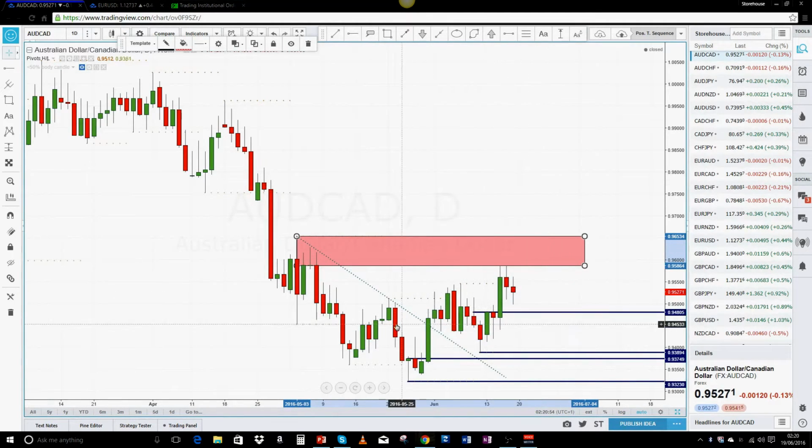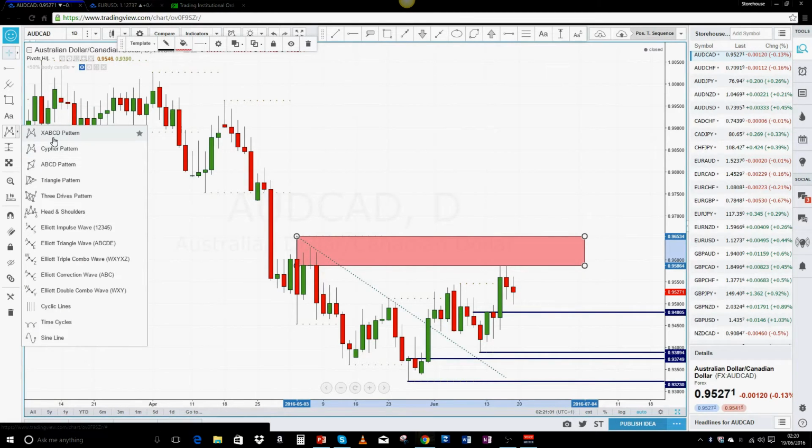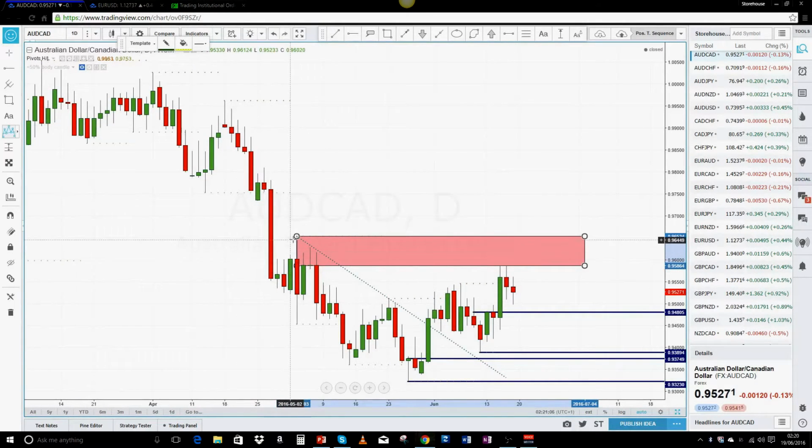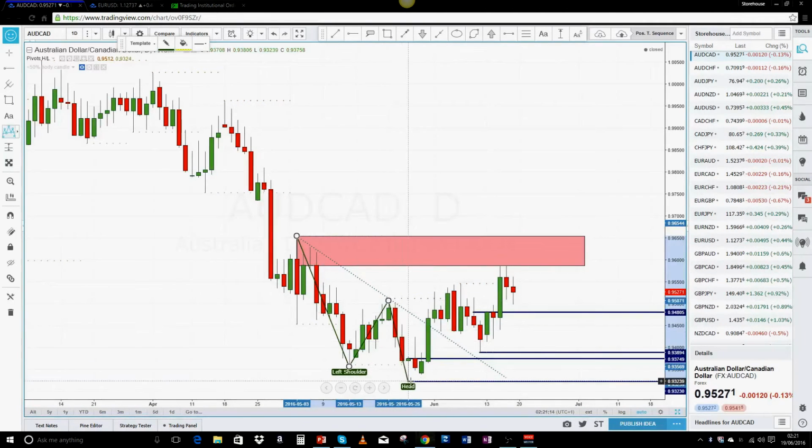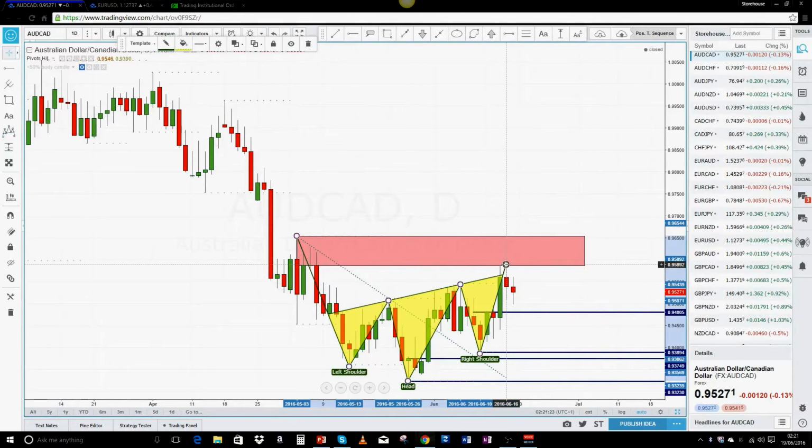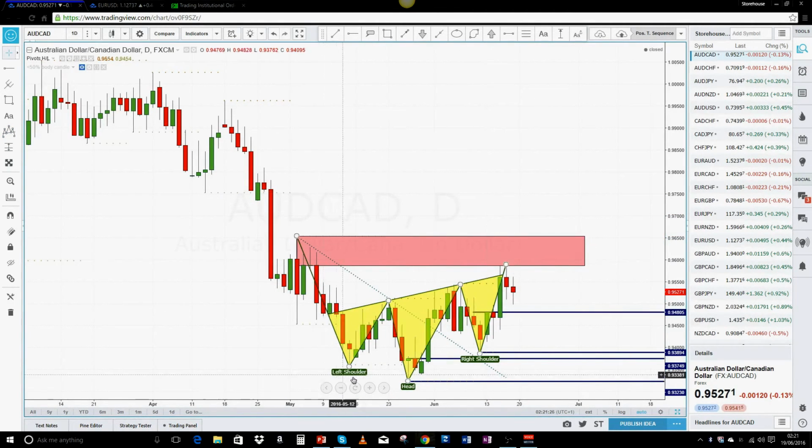Okay, now what is interesting also, I was pointing this out to one of the mentoring students, is if you look at this, a lot of our friends who trade traditional patterns will be eyeing this because they see that. Look at that. That's an inverse head and shoulders, as the people who trade patterns see it.